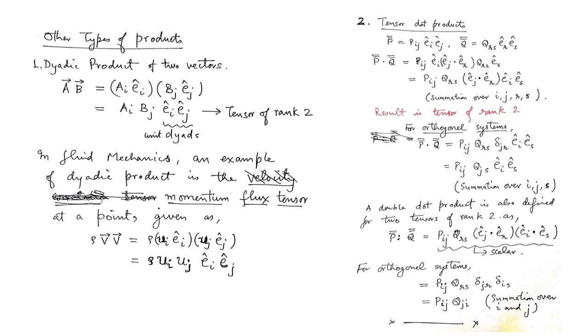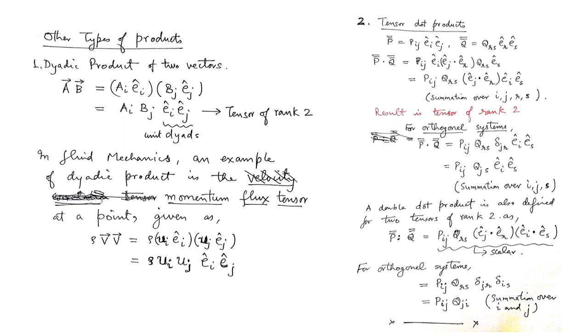So Pij Qrs becomes Pij Qjs, and delta jj is then 1, so ei es. Now you have a simplified expression with repeating indices i, j and s, so summation over i, j and s. For orthogonal systems, the summation is only over 3 indices. The result is still a tensor of rank 2, of course.